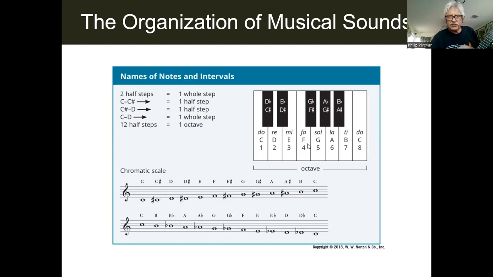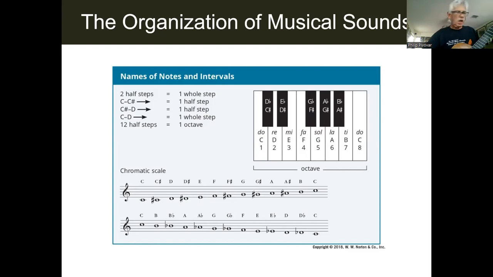And so between the letters C, D, E, F, G, A, B, C, you see there are 2 places where there is no black key, and so that's a half step between E and F and B and C. And as it turns out, this is the formula for a major scale. You have a whole step, then a half step from E to F, then a whole step, and a half step. So any major scale, if you use that formula of intervals, it will have the same quality.